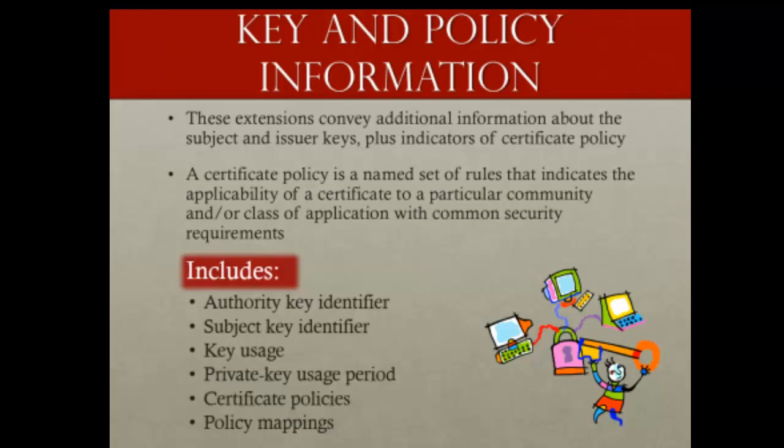Subject Key Identifier identifies the public key being certified. It's useful for subject key pair updating. Also, a subject may have multiple key pairs and correspondingly different certificates for different purposes. They might have one digital certificate for a digital signature and another one for email, etc.